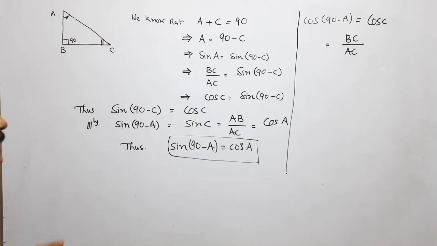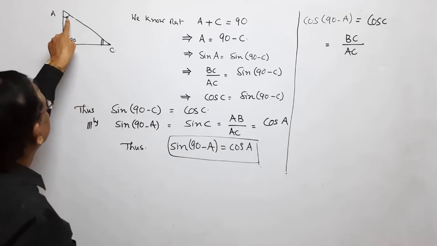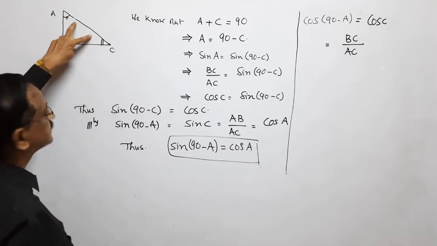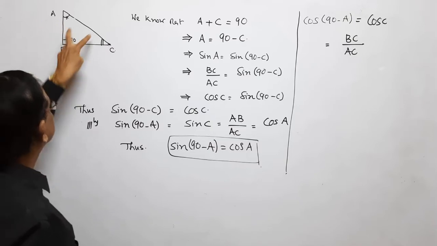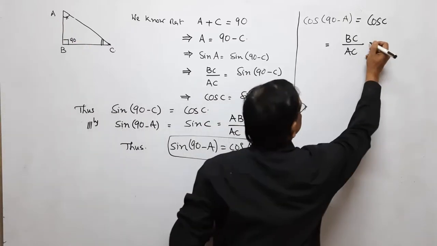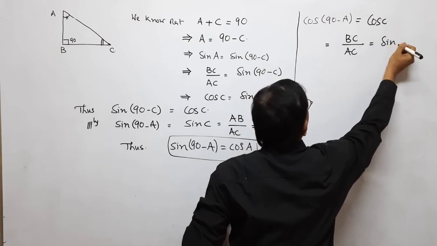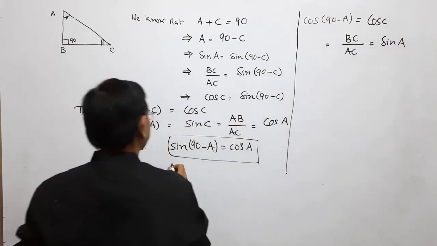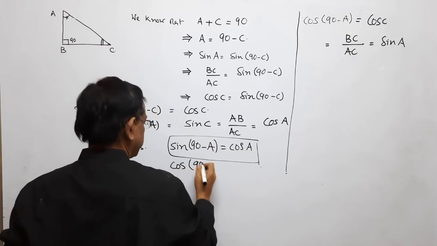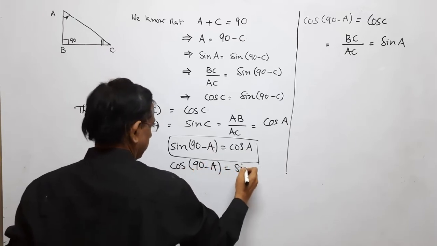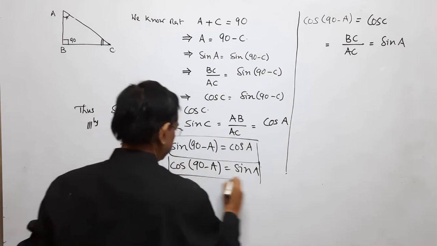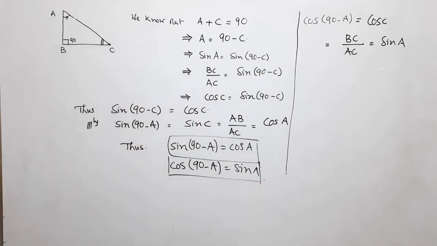Now, BC by AC, I would like to see in terms of A. BC is the opposite side, AC is the hypotenuse. So BC by AC is simply sin A. So cos 90 minus A is sin A. That means sin 90 minus A is cos A, and cos 90 minus A is sin A.